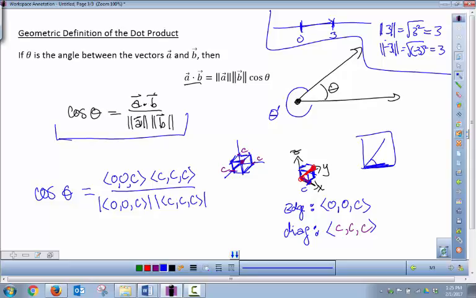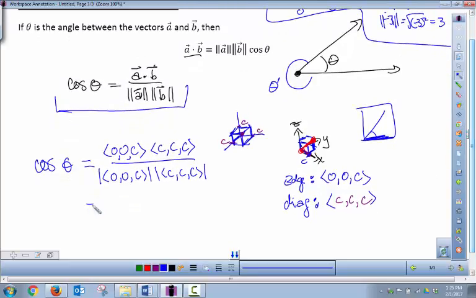All right. Now that we got that out of the way, let's take the dot product of the numerator: 0 plus 0 plus c squared. Now let's find the length of the denominator. The length of c, c, c is c square root of 3.